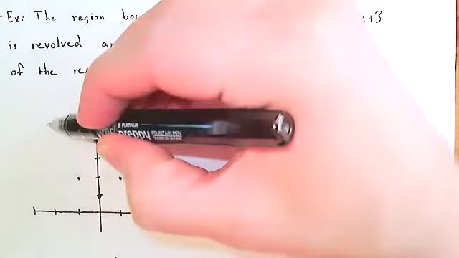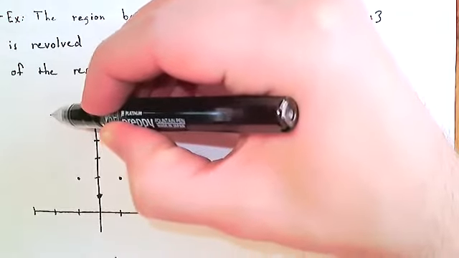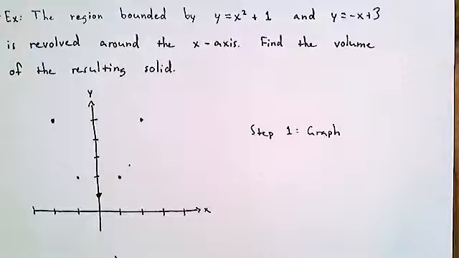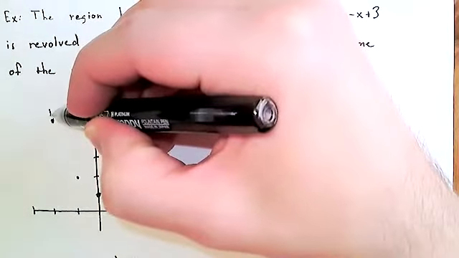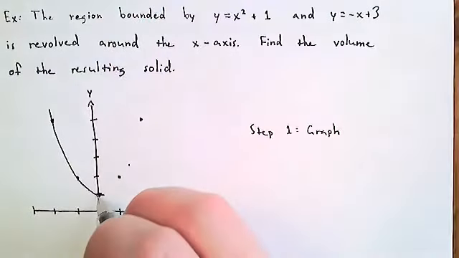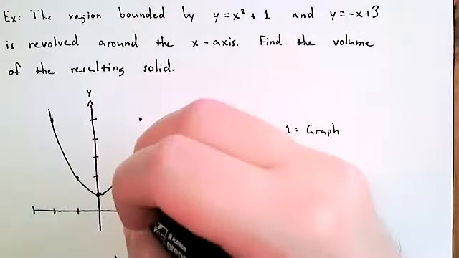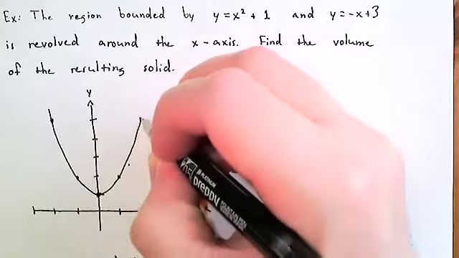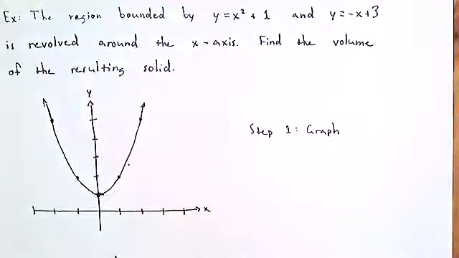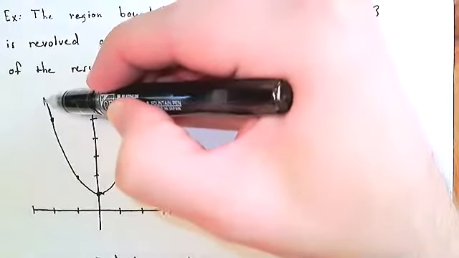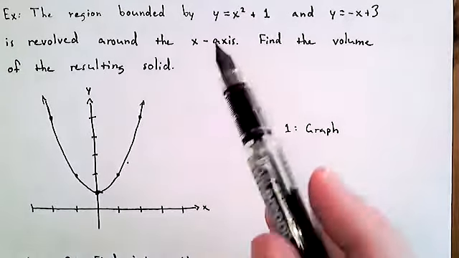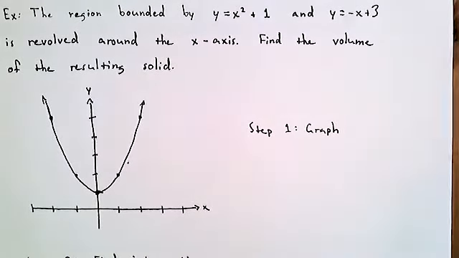And once we've plotted these points, we can get a pretty good graph just by connecting the dots. If we wanted to be a little bit more precise, we could find where the vertex is using a little bit of calculus, but it's pretty clear from the picture because it's a simple parabola.